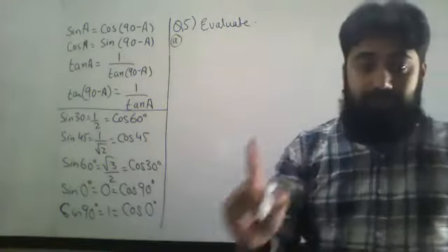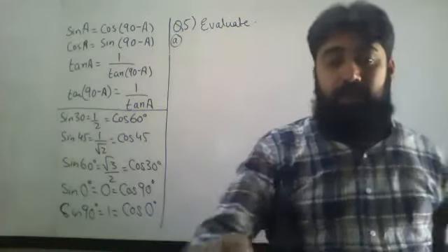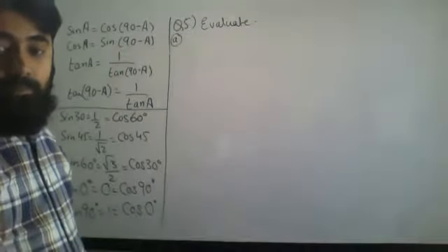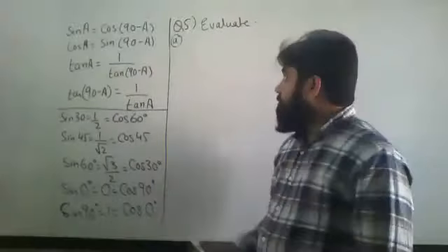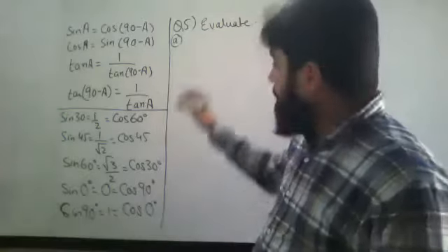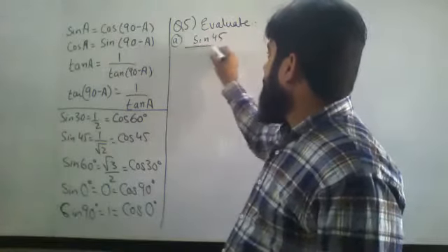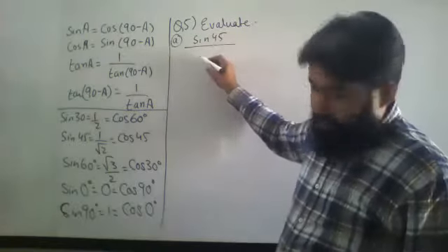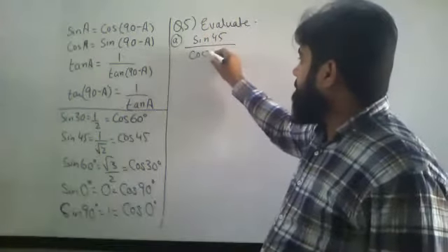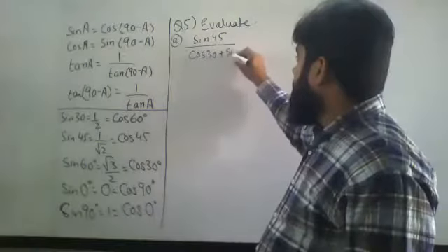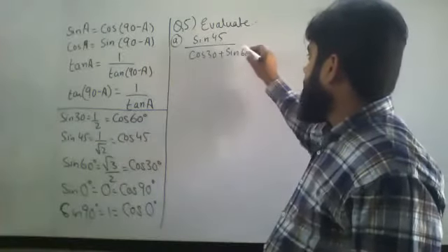So question number 5A. They are telling us to evaluate without using any calculator. So we are not supposed to use any calculator. So question number 1 is saying sine 45, cos 30 degree plus sine 60 degree.